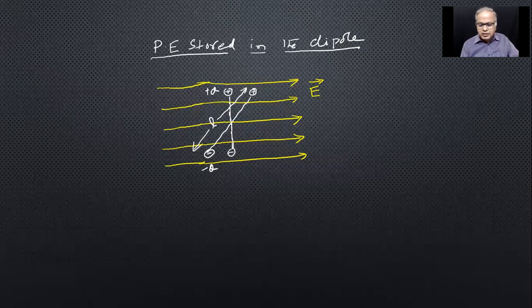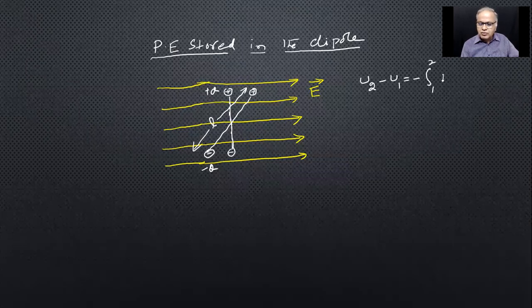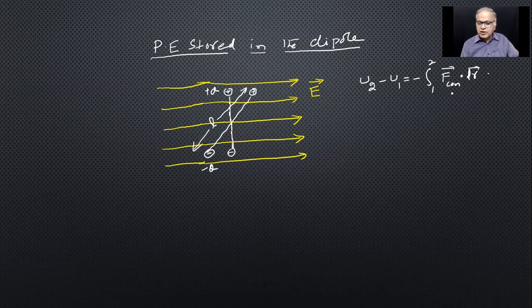So you remember the potential energy definition was like this for a force. U2 minus U1 equals minus integral from 1 to 2 of F conservative dot dr. This is the definition of potential energy when a conservative force does work. But here the conservative force develops a torque and the torque does work in rotating it.